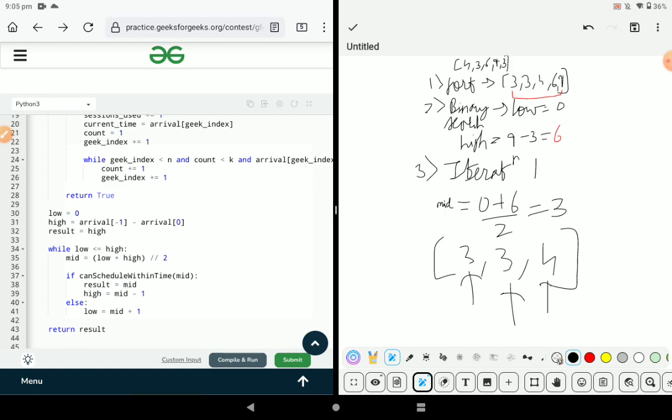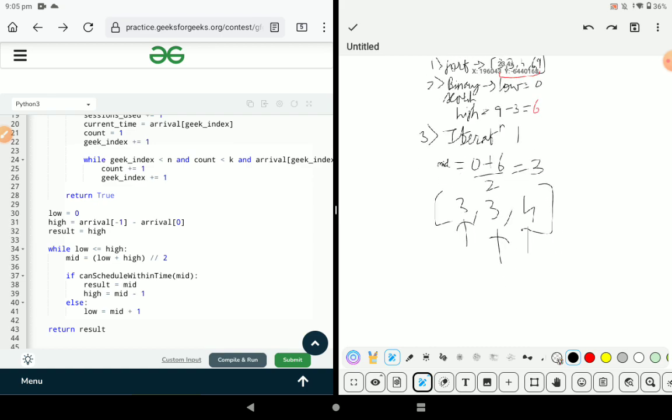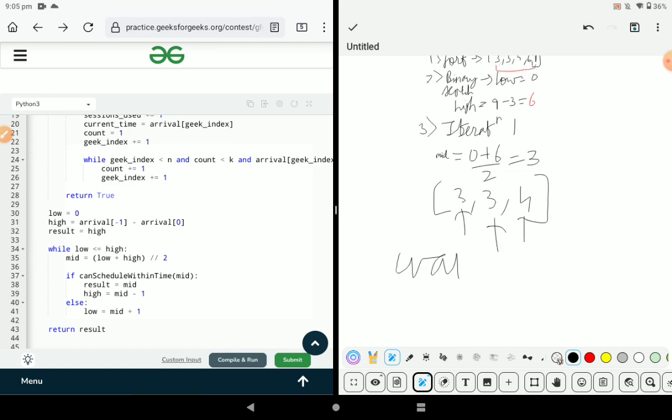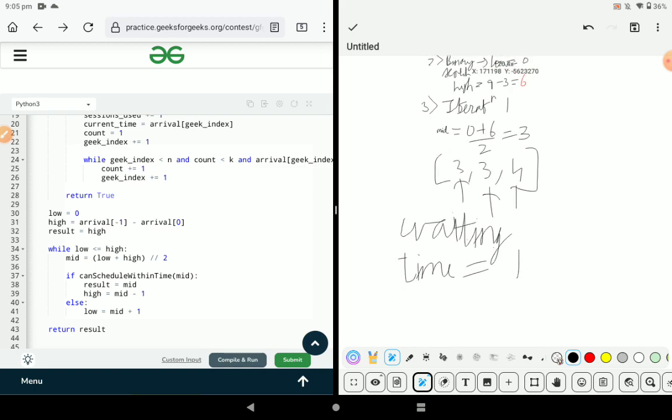So basically what we have to observe is the maximum waiting time, and just return it.